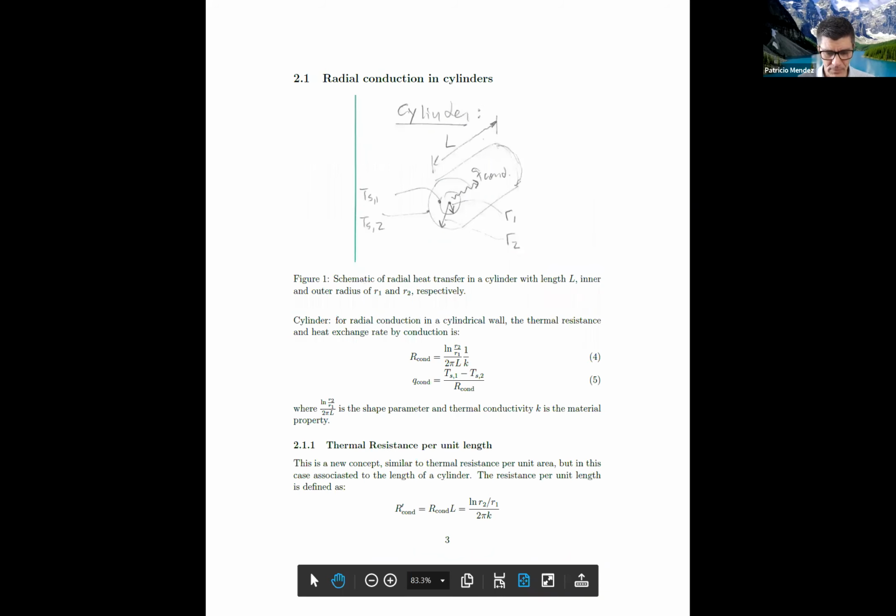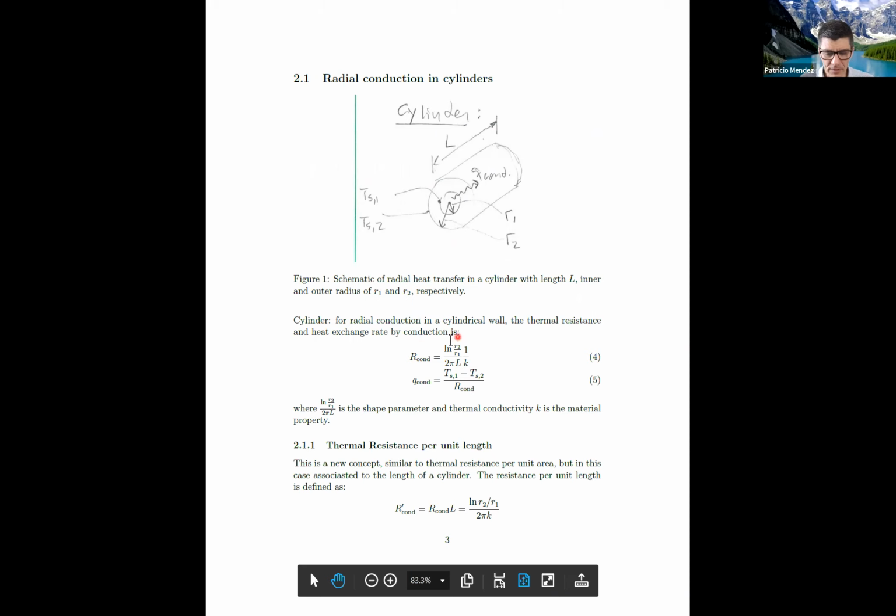So for the case of cylinders, we would get this heat flux, and from the heat flux, we divide delta T by the heat flux, which will give us the resistance.